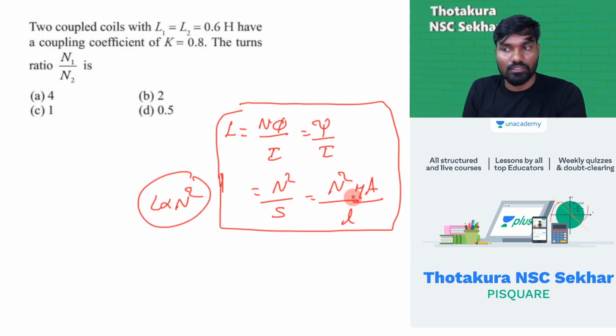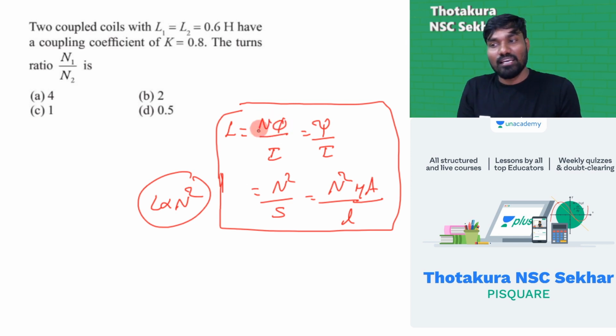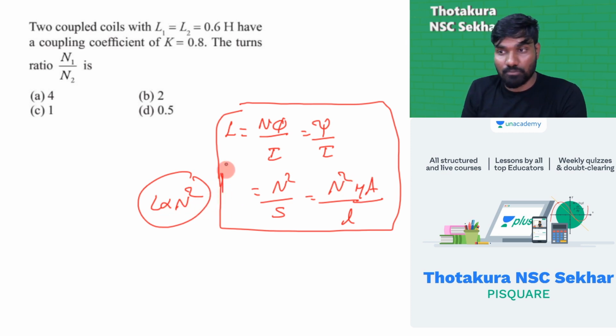Don't use the other form, because in phi also you will have N. You may say, sir, according to this we'll have only L proportional to N. But inside the phi also we'll have another N, another number of turns. So completely this is N square, because now these three, length, mu and A, are constants with respect to number of turns. For fixed values of these, it is proportional to N square. This is a point.